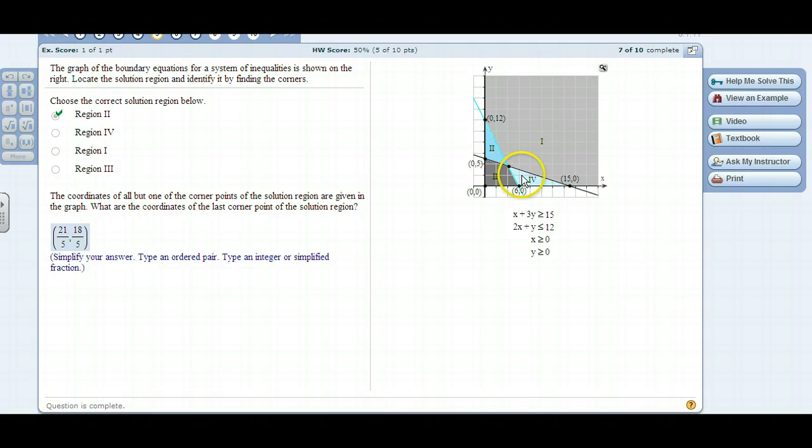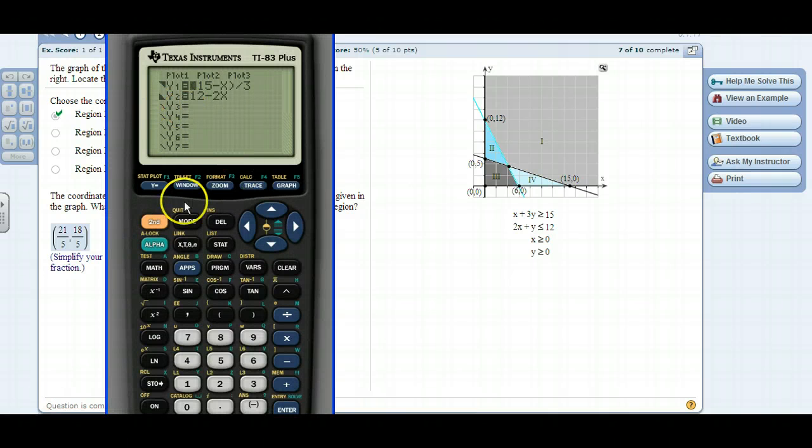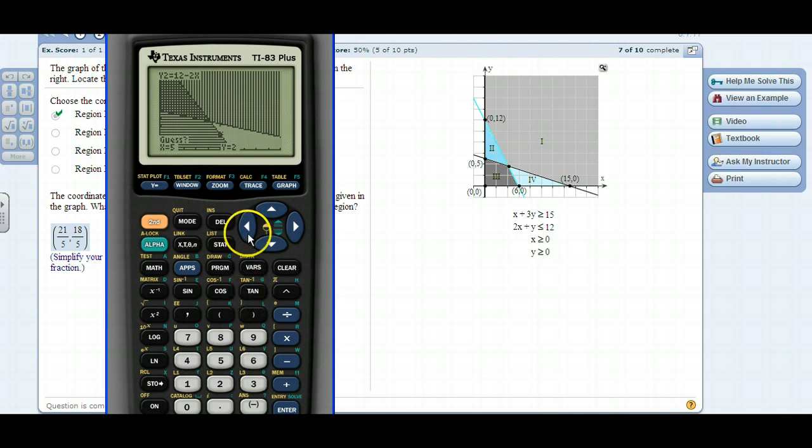So to get an intersection, you're just solving that system, setting these things equal and finding out where they actually cross. Now, again, we have it graphed, so we could have used the intersect feature since that is what we're looking for. And there's our guess, 4.2, 3.6.